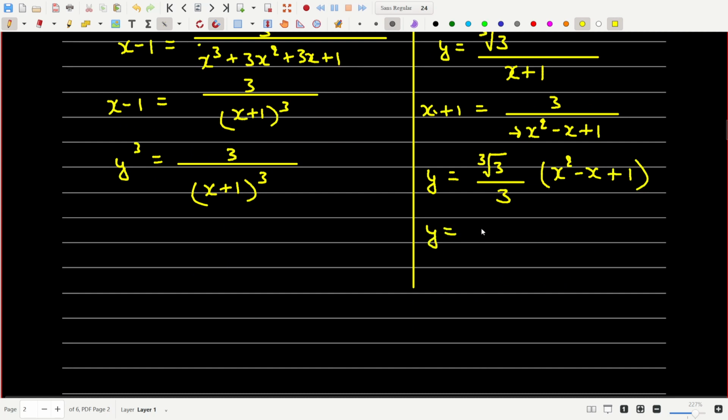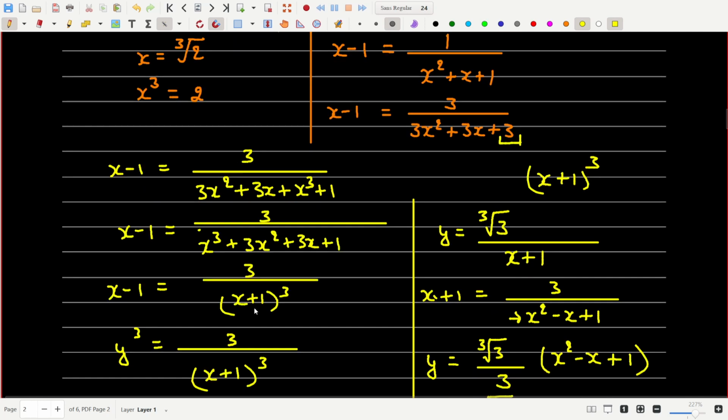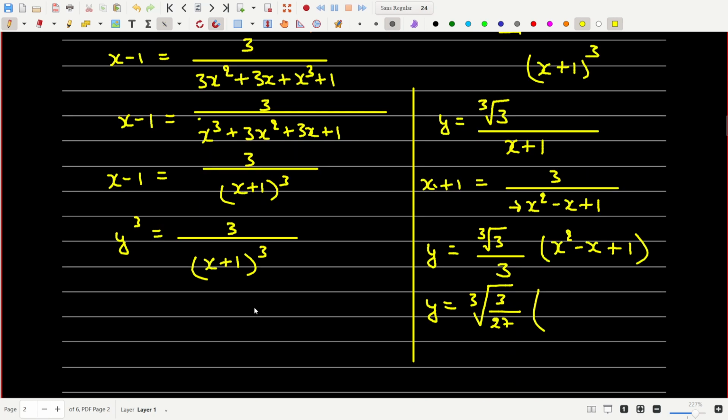Now let me take this 3 inside the cube root sign, which will give me 3 in the numerator and 3 cubed, which is 27 in the denominator. Now also replace x. The value of x is cube root of 2, right? Which means x square is cube root of 4.